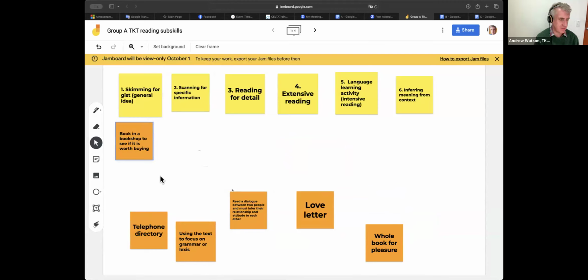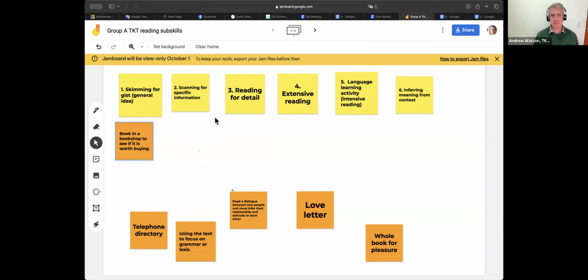Right, that's typically what we skim. Okay, so I'm in a bookshop. I'm looking at the back of the book to get a general idea of what the book's about. Right, so I read this blurb at the back to see if the book is worth reading. Yeah, so that's skimming for gist.